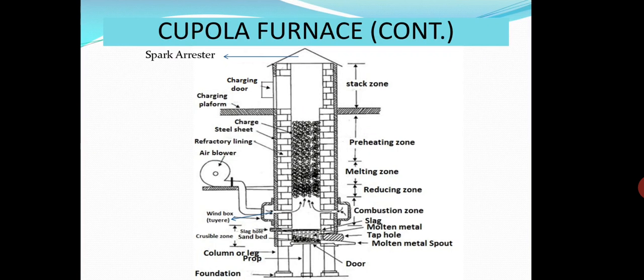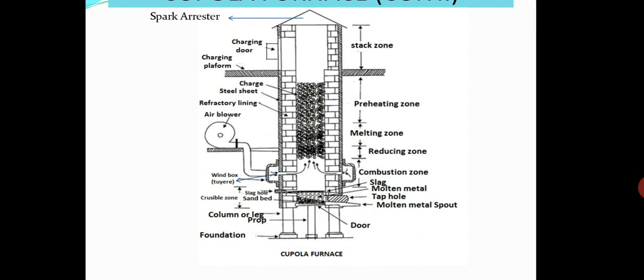It is closed with the help of a prop. So by removing the prop, the door can be opened so that the residues can be removed and rearranged. So you can see different parts which we will discuss in detail.